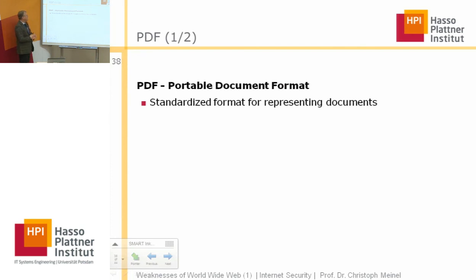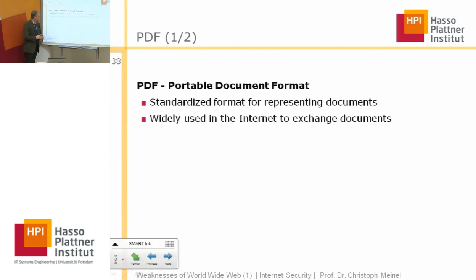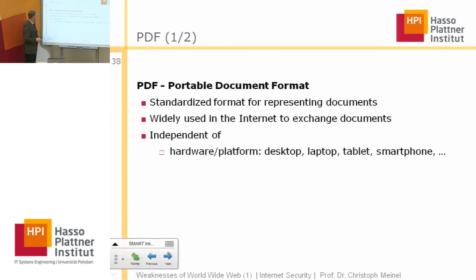PDF is a standardized format to represent documents. This PDF format is widely used on the internet. It's a global standard, so that in any browser, on any system, you can consider a PDF document, and it's easy to exchange documents in this way.